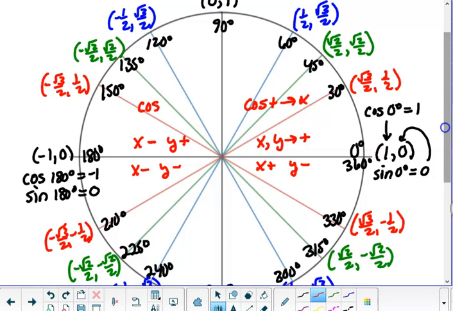Here, cosine is negative because it goes with x. Here, cosine is negative because it goes with x. And here, cosine is positive because it goes with x. All right, so cosine goes positive, positive, negative, negative, and it goes to 0. The biggest it gets is 1, the smallest it gets is -1.